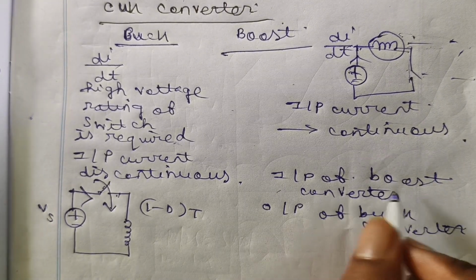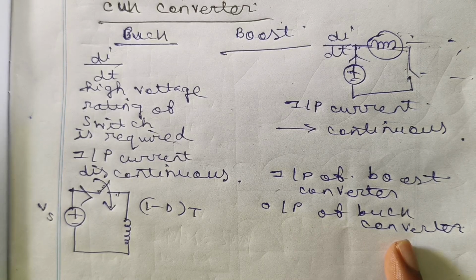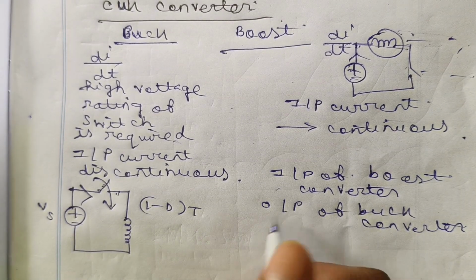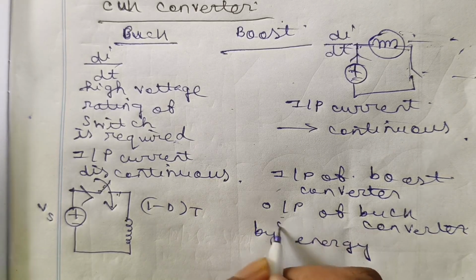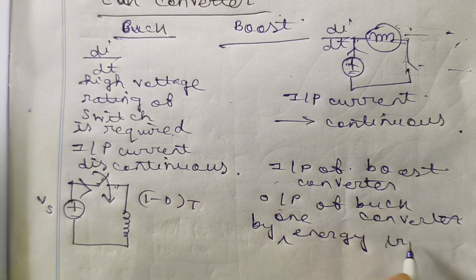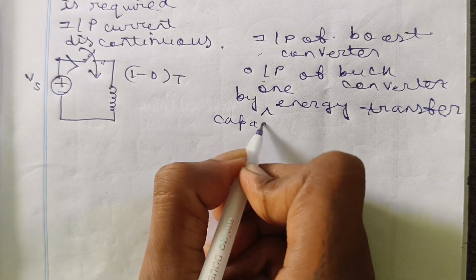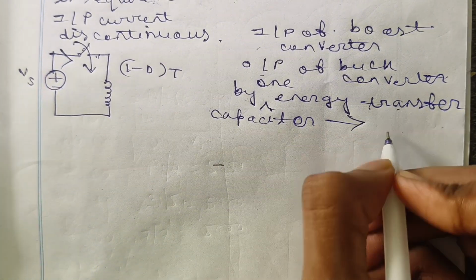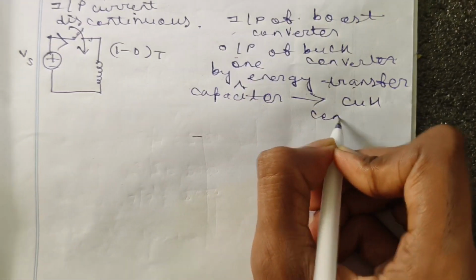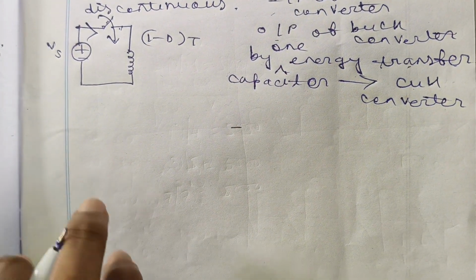If we combine the input of the boost converter and the output of the buck converter, and join them in cascade fashion by one energy transfer capacitor, then the converter that we will get is the Cuk converter.